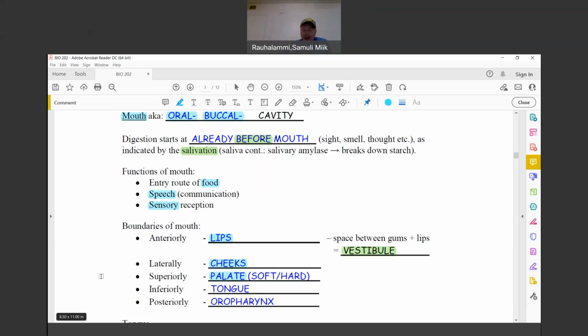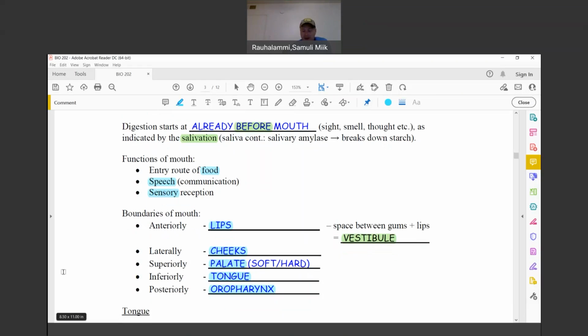From the back of the soft palate, of course, we've got our uvula hanging out. Inferiorly, so at the bottom of the oral cavity, the tongue takes a prominent part, forming the floor of the mouth. And posteriorly at the very back, it's going to be our pharynx, and especially the oropharynx. So the part behind the oral cavity, that part of the pharynx, was known as the oropharynx.